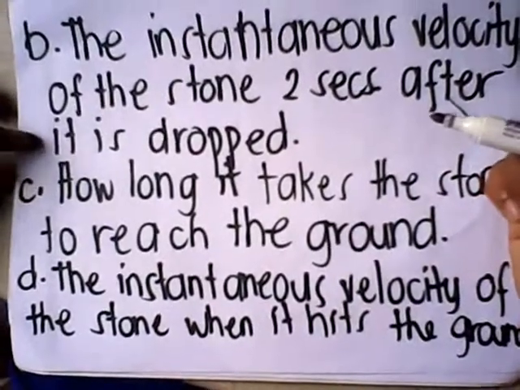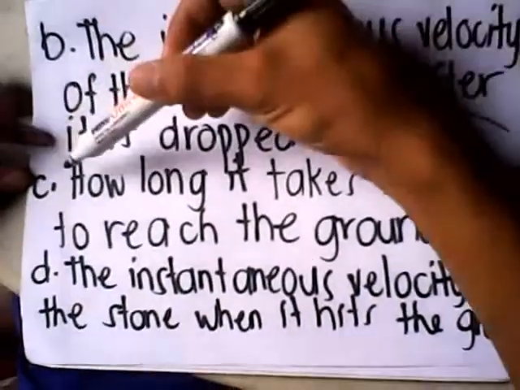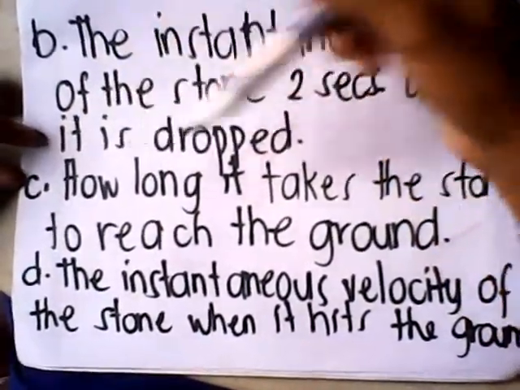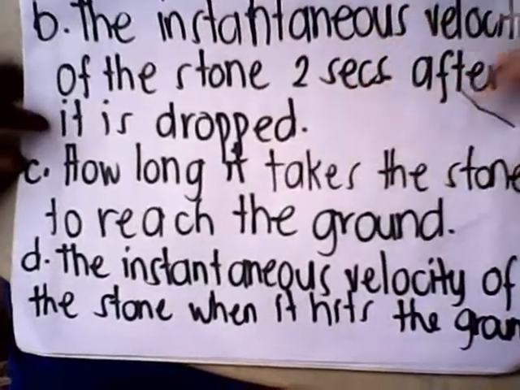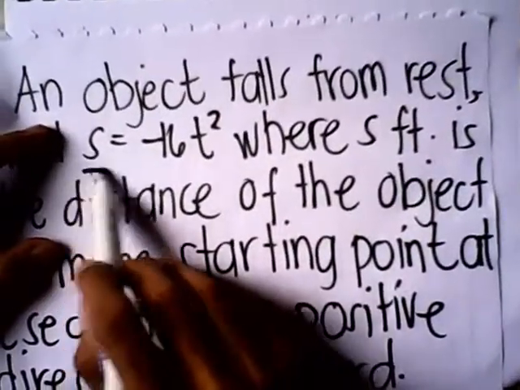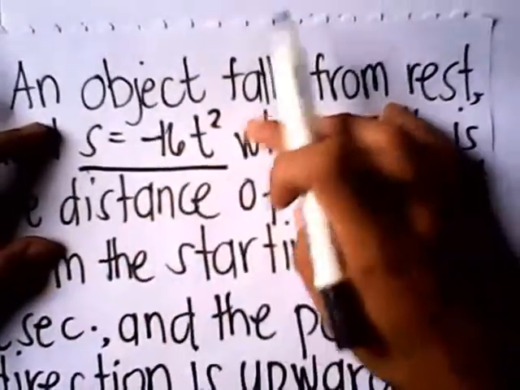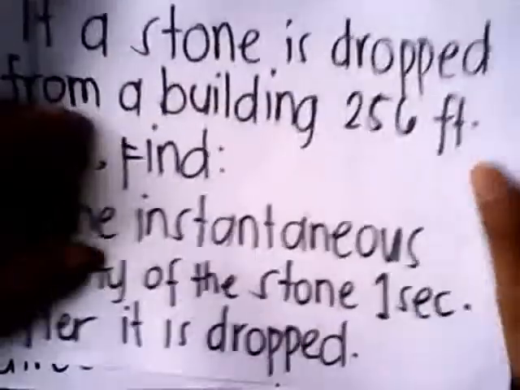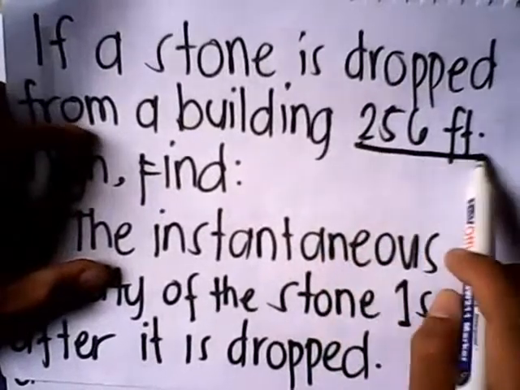Now, we have to solve for letter C, which is how long it takes the stone to reach the ground. In our problem, we have the position function of the stone s is equal to negative 16t squared. Then the problem has given 256 feet as the height of our building.